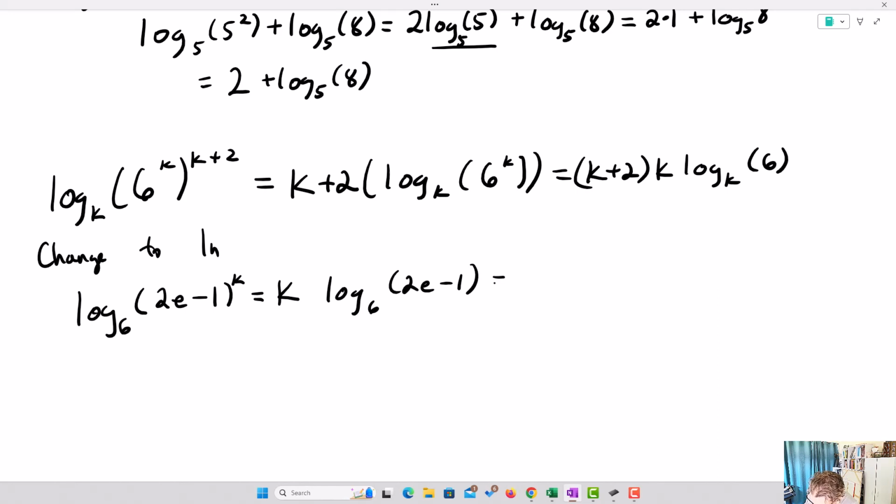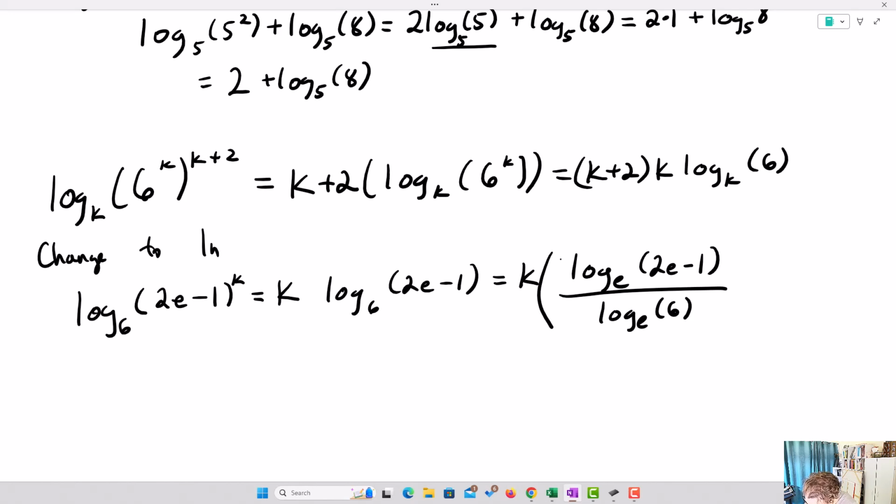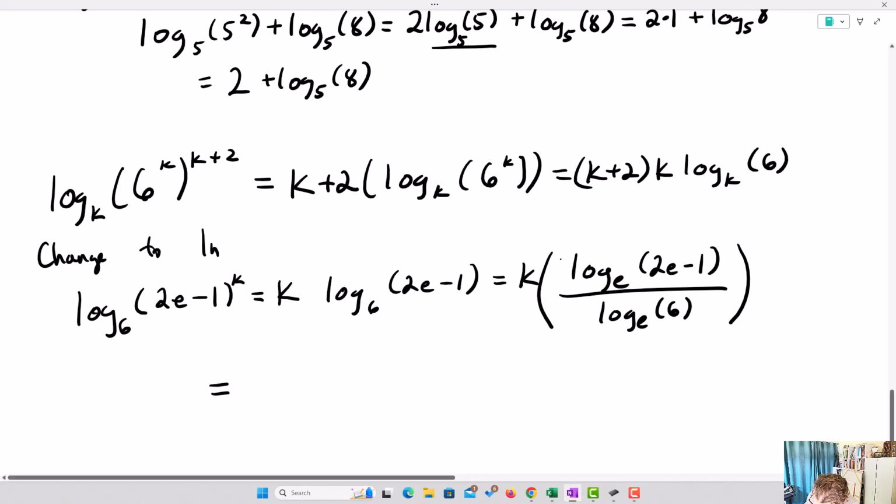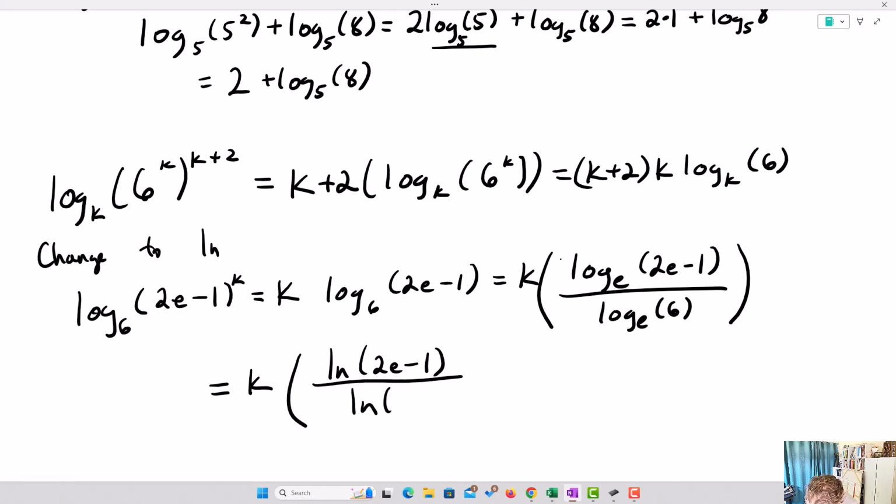The change of base is now going to be k times, and the whole thing, log base e of 2e minus 1 divided by log base e of 6. Log base e, remember, is a natural log, so this is k times natural log of 2e minus 1 divided by natural log of 6. So we can actually intersperse our different properties and work with different properties at different times.